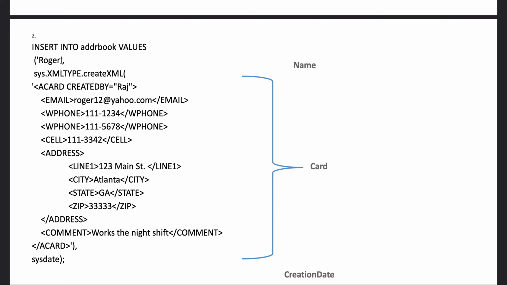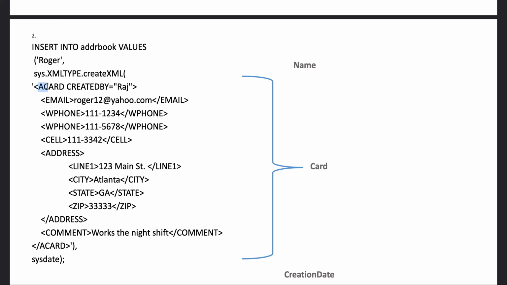So we have the field Roger, which goes in the name attribute, and then we have the creation date, which contains the system date, which we've spoken about before. We'll have the current date of the system, and then card is our XML attribute. Okay, so it says that we use the create XML to create this card.